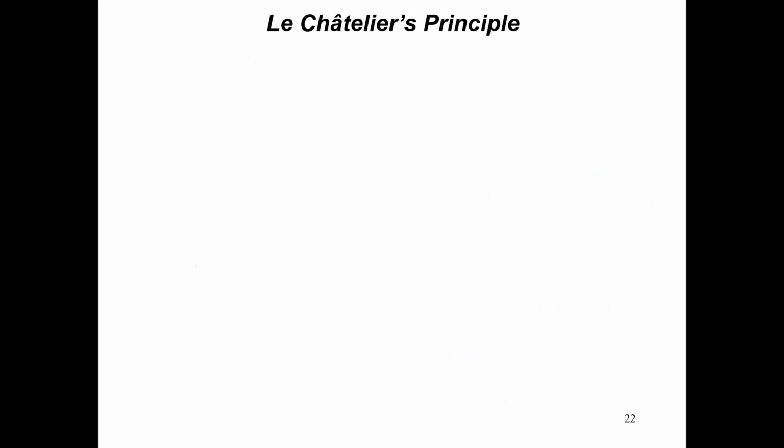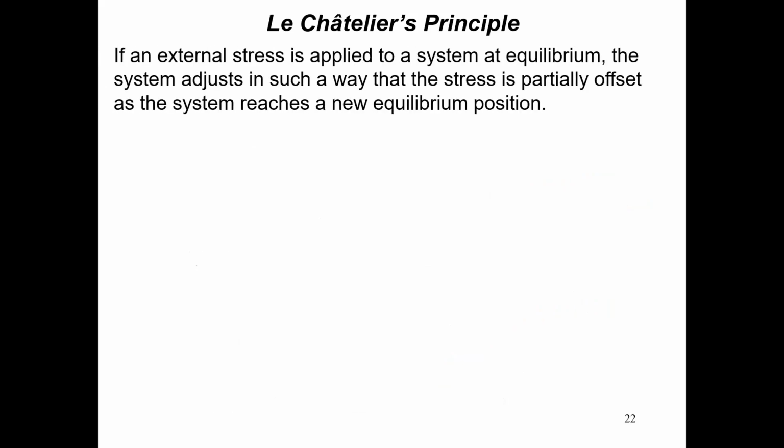Now, Le Chatelier's principle is a very important concept for this. If an external stress is applied to a system at equilibrium, the system adjusts in such a way that the stress is partially offset as the system reaches a new equilibrium position. Changes in concentration.